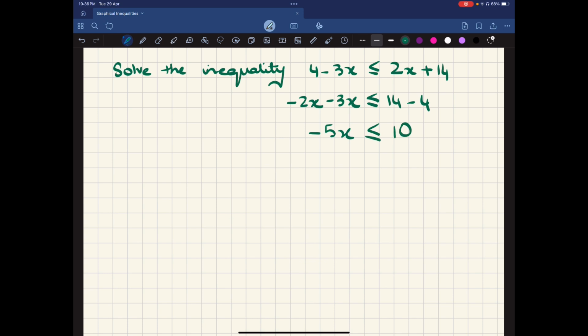Now what is going to happen? We are going to divide by a negative number. So what is the inequality sign going to do? It's going to flip. So x is greater than or equal to -2. Sorry, -5. -2.